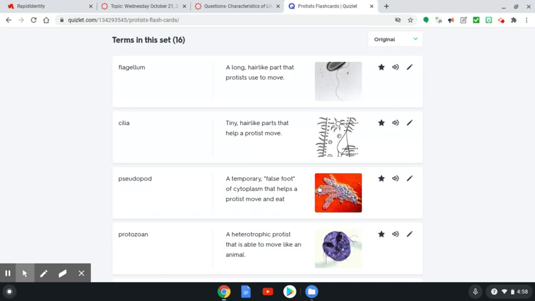It's like a false foot. And what happens is this cytoplasm, that's the stuff that's inside this protist, it slides and changes shape so that it can help it move and eat.